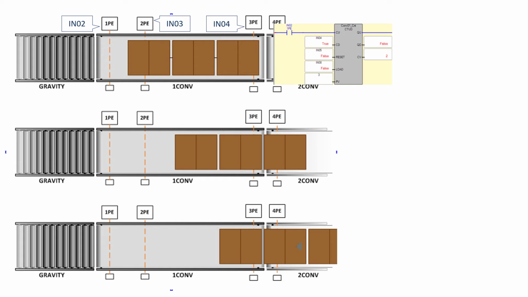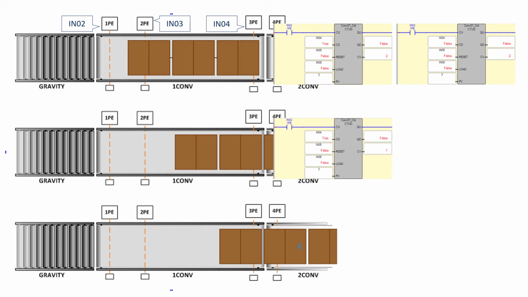And when that first carton breaks the optical path of photo eye 3, then this count up down counter counts down once. And when that carton clears photo eye 3, the input 4 goes back to false. But it's the false to true transition that causes it to count up or count down.